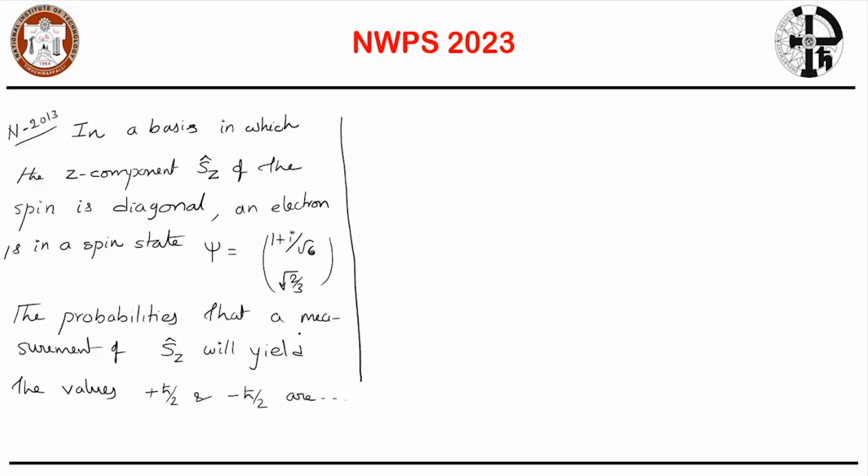Does anyone know how to do this problem? So it says the basis is set. In the beginning, it said in a basis in which the z component Sz is diagonal. In which basis is the operator Sz diagonal?